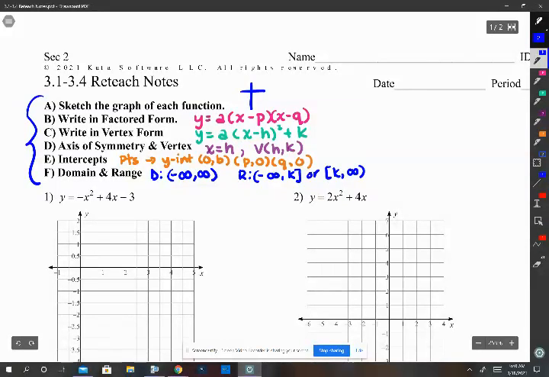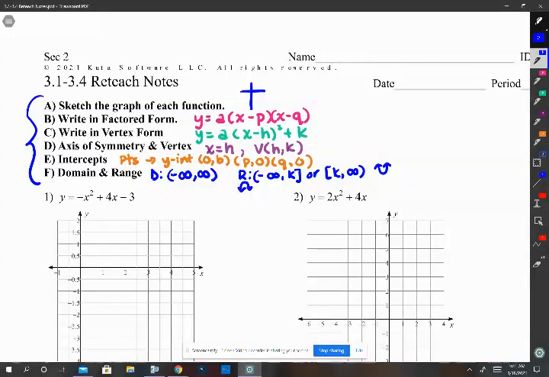We've talked about this before. If it goes up, then it starts at the bottom and goes up, and if it's negative infinity to k, then it's going to go down. So that's kind of what I'm looking at.